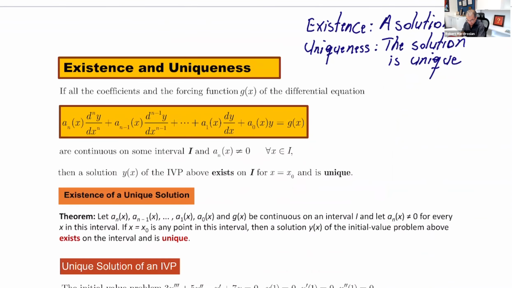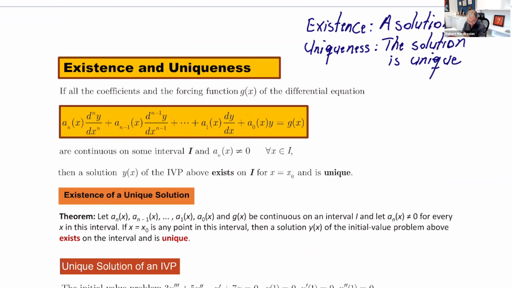Now the main theorem here is existence and uniqueness. Existence: we want to know if a solution exists. And uniqueness: we want to know if that solution is unique. How can we check that?